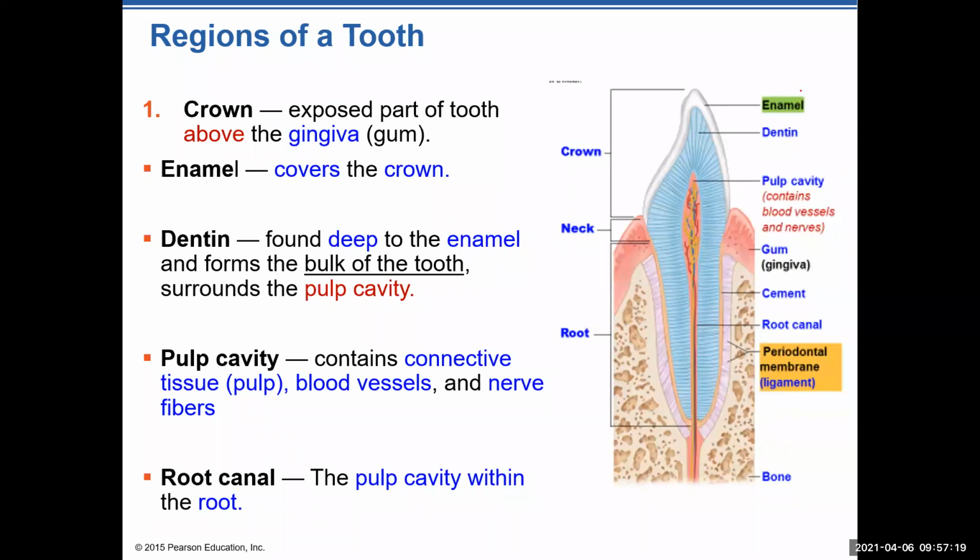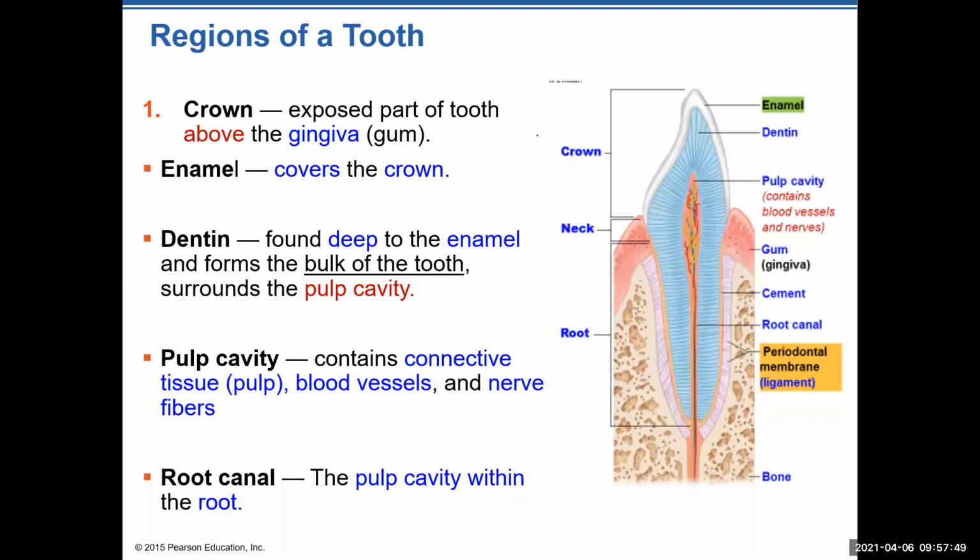Does anyone remember that? Gomphoses, guys. Recall your chapter number 5 last semester, skeletal system. Gomphoses is an immovable joint wherein the tooth is attached to the what? To the tooth socket or to the alveolar process.